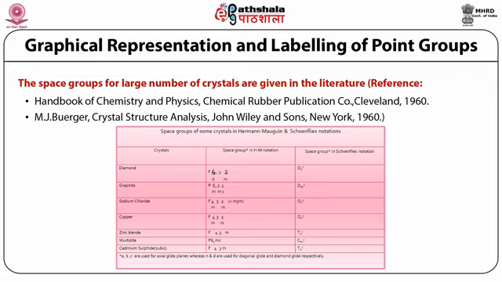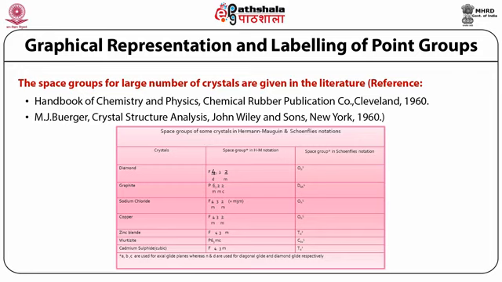Wurtzite has a space group in HM notation represented as capital P 6 with a subscript 3 m c. Corresponding to it, the space group in Schoenflies notation is represented as capital C with a subscript 6v, superscript 4.